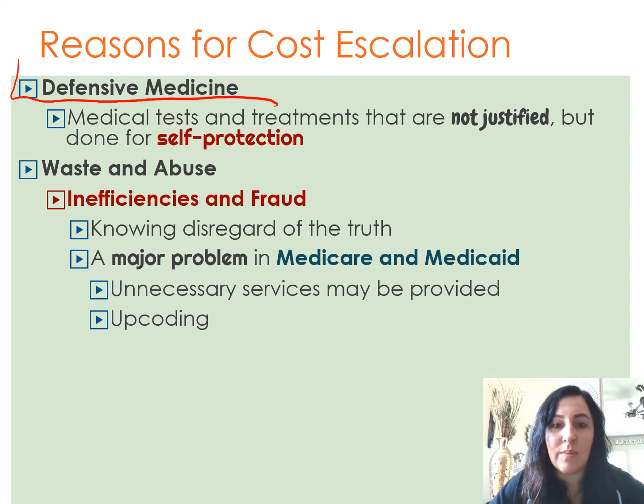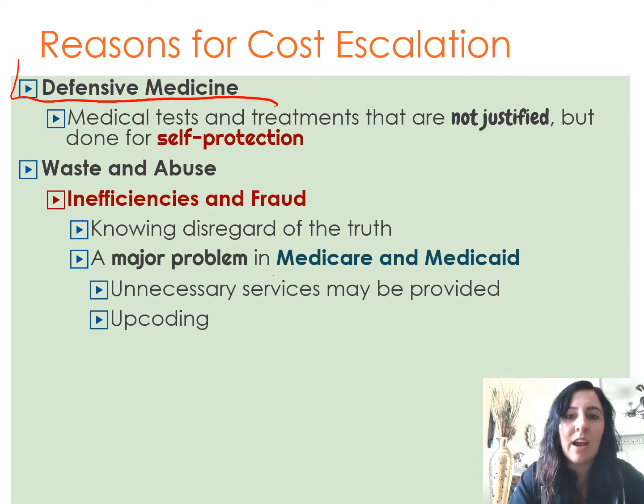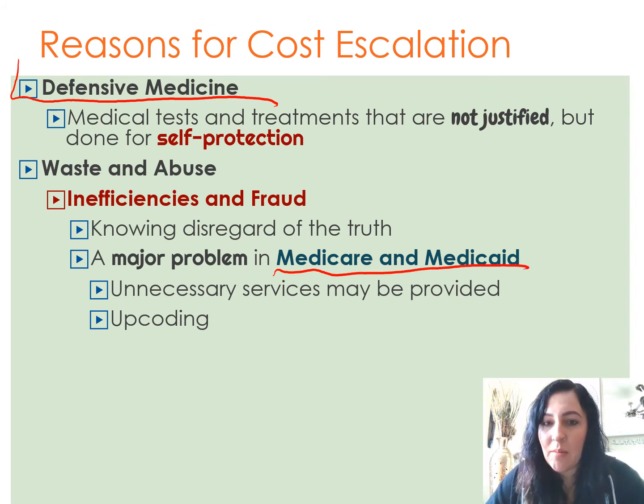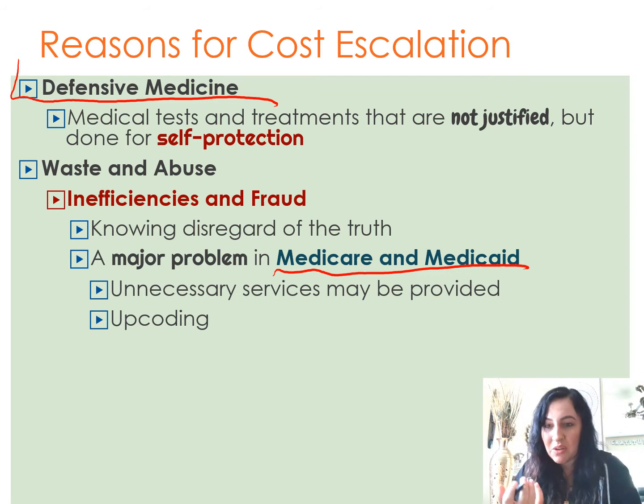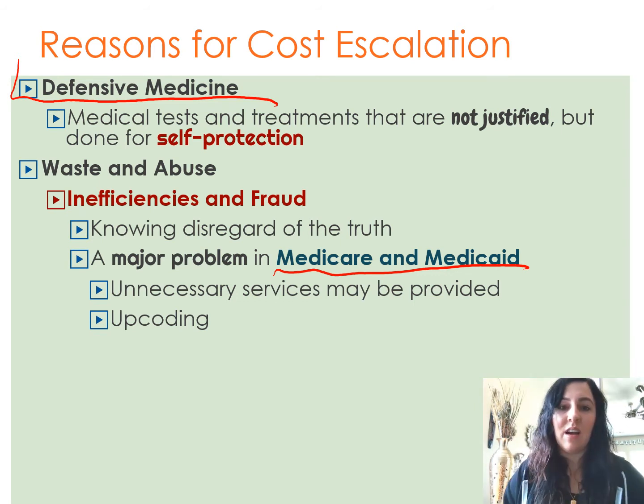Then we have waste and abuse. There are so many inefficiencies and fraud and things like that, especially in Medicare and Medicaid. And I know a huge reason for that is because Medicare and Medicaid pay pennies on the dollar, so they don't pay much. And if a lot of your patients are Medicaid or Medicare recipients, you're going to try to see if there's anything more you can get out of them.